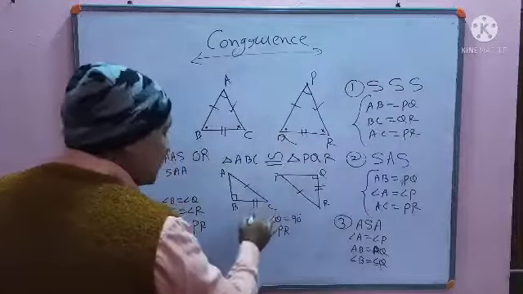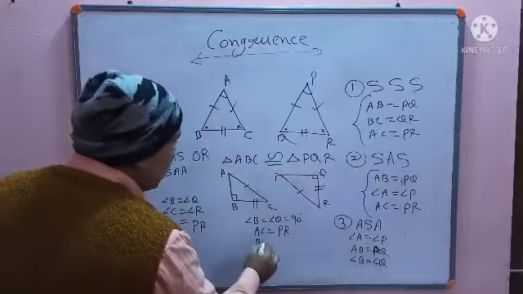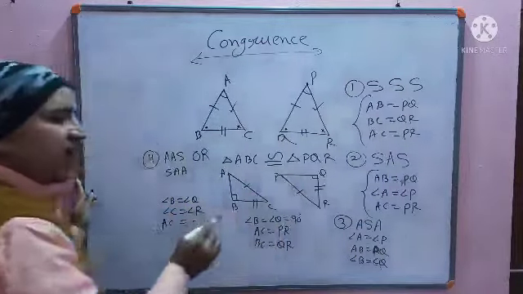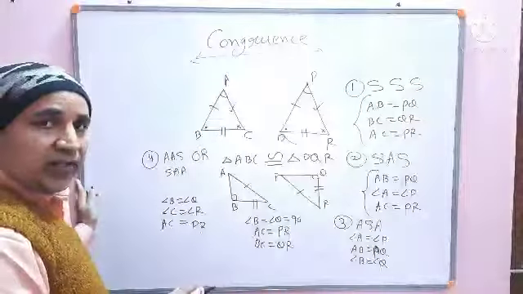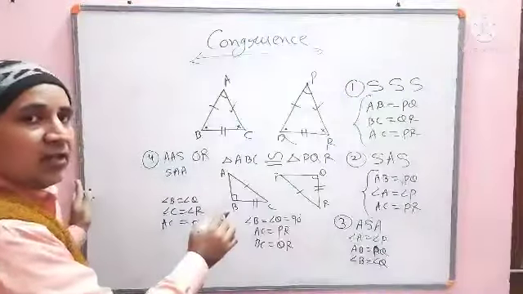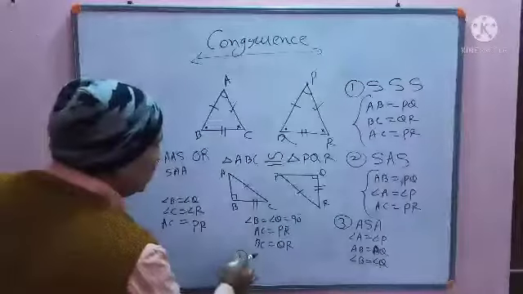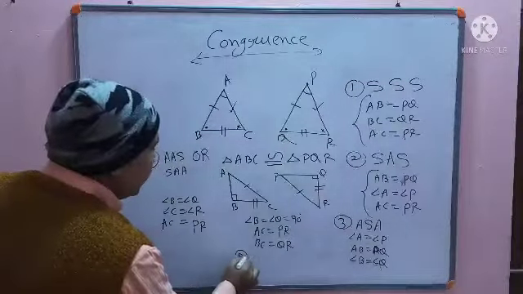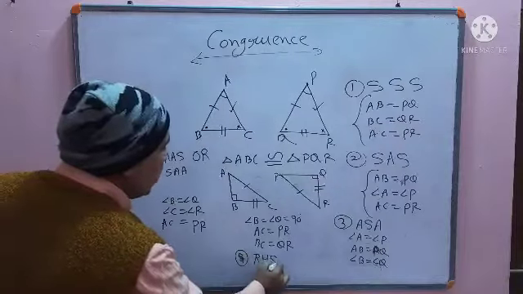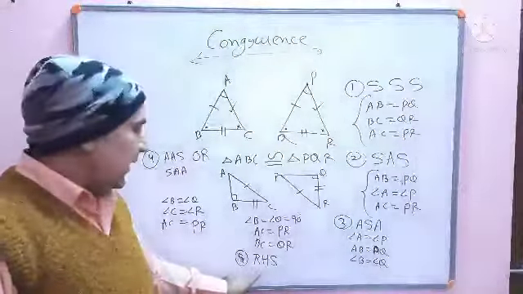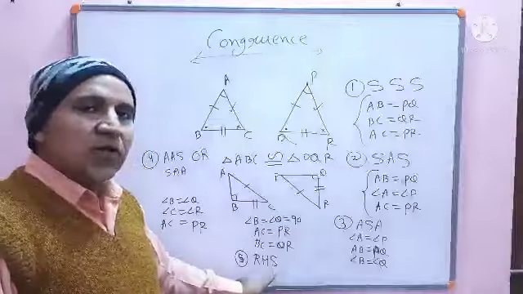Suppose BC of this triangle and QR of this triangle are equal, then also we can say that these two triangles are congruent. This is the fifth criteria, which is called RHS in short. R for right angle, H for hypotenuse, S for side.